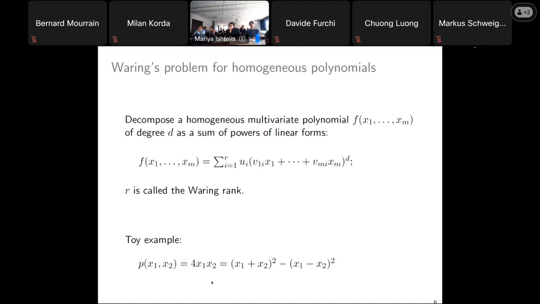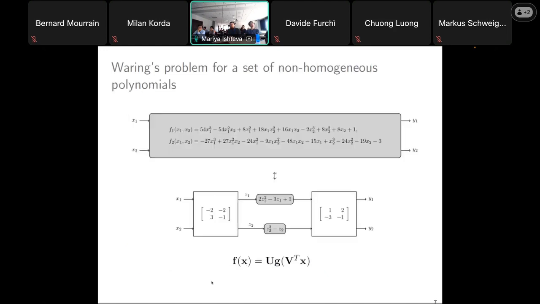Okay. So there is actually a lot of work around this problem about homogeneous polynomials and decomposing in this particular form. But we decided to go to a different problem. It's a variation actually. And we said, okay, we don't want to limit ourselves to homogeneous polynomials. We would like to do this for all the polynomials.